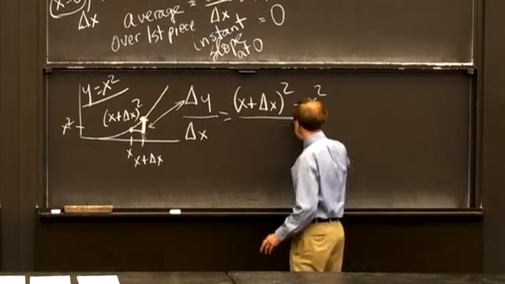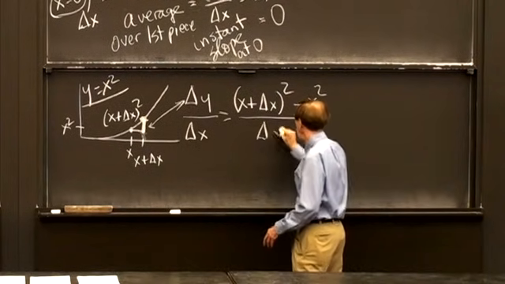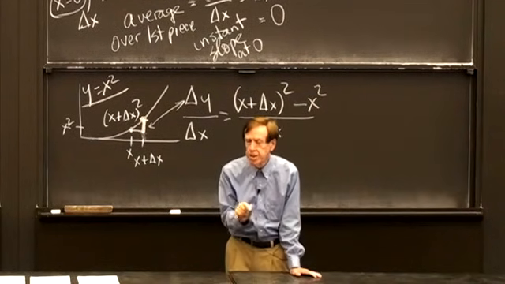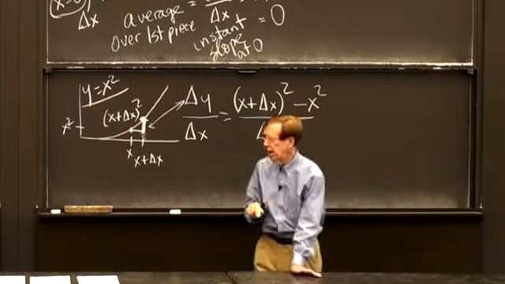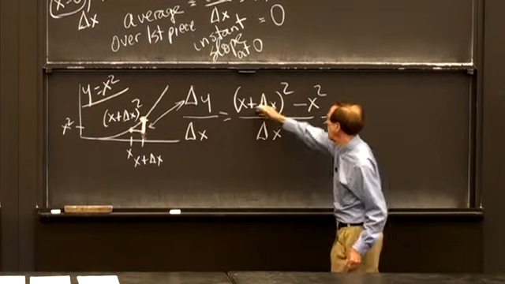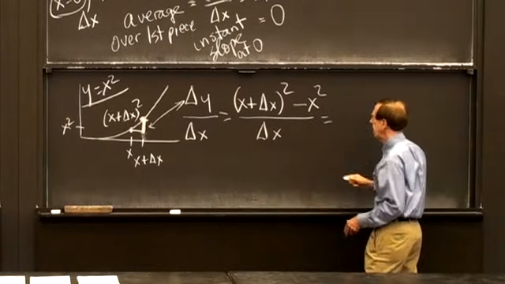Now I divide by delta x. This is all algebra now. Calculus is going to come in a moment, but not yet. For algebra, I multiply this out. I see that thing squared.